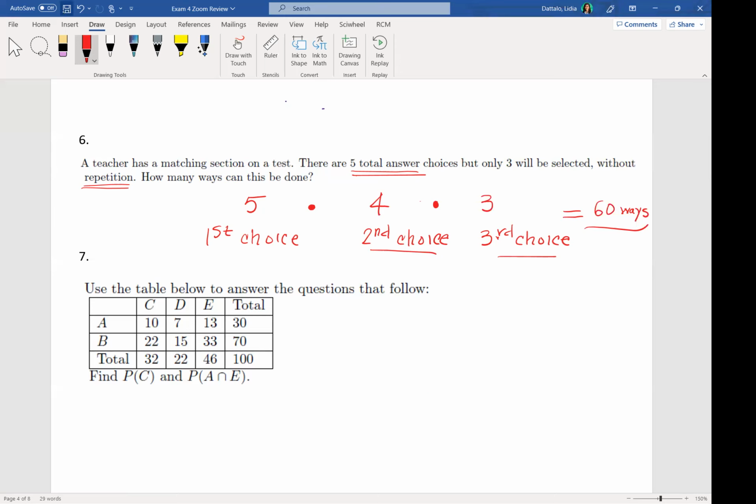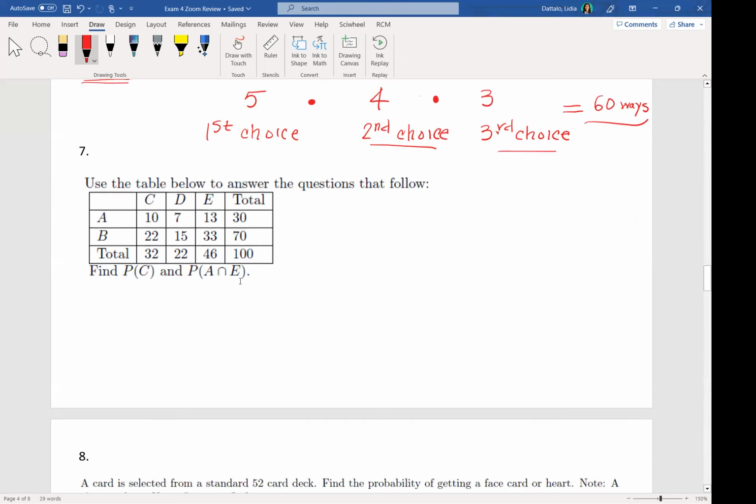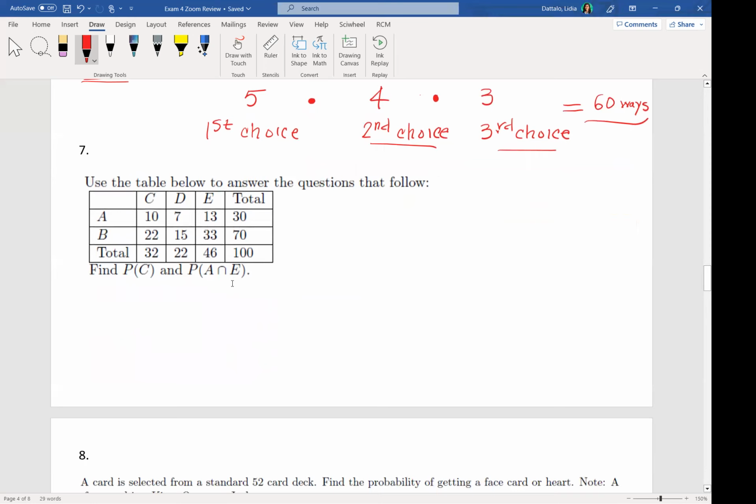All right. Now, number 7 says, use the table below to answer the questions that follow.